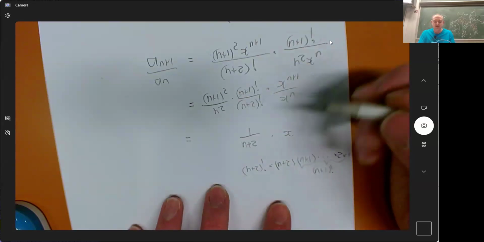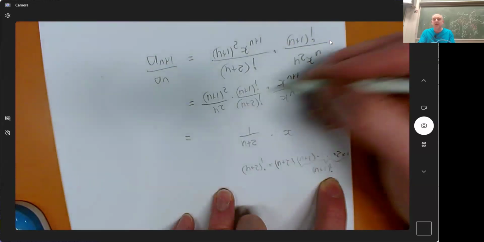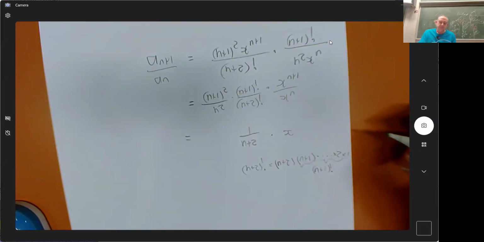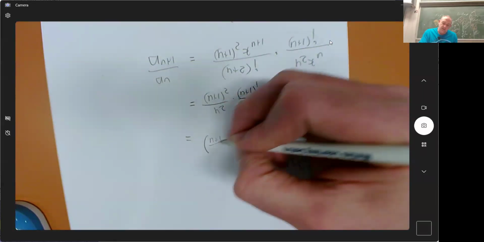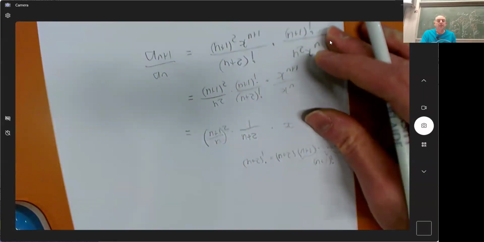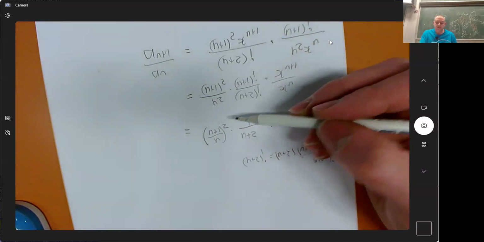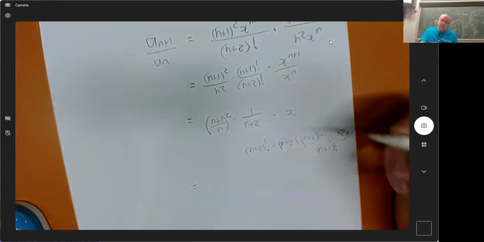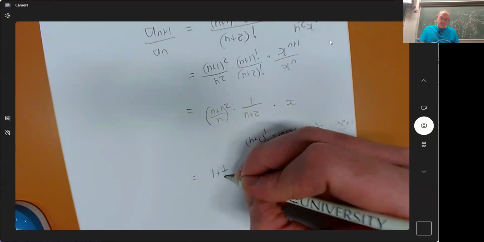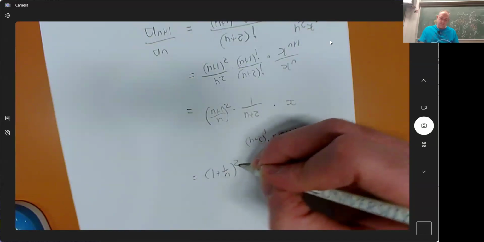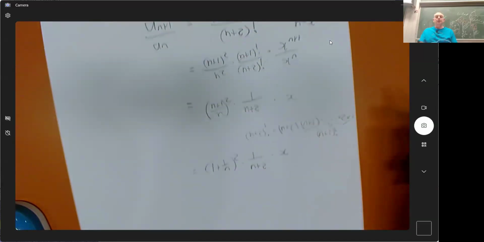So I've replaced the (n+2) factorial with (n+2) times (n+1) factorial and then cancelled the (n+1) factorial. And this one, I'm going to write it like this. Because they're both squared, I can bring the squared out. And this is 1 plus 1 over n. Okay.